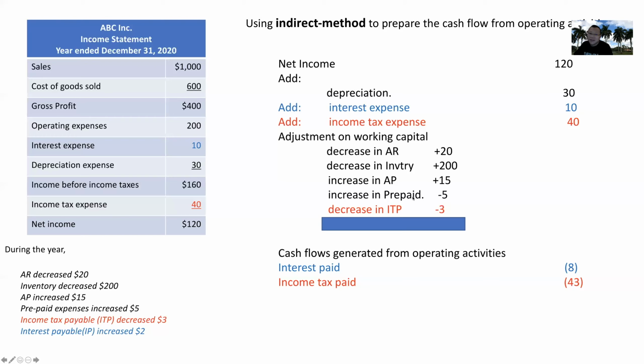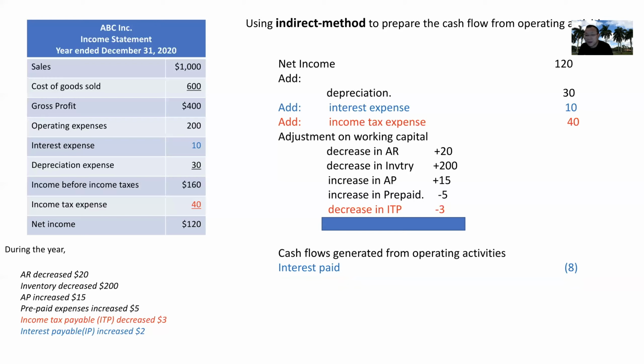Think about this. If you recognize income tax expenses of $40, and you didn't pay anything in cash, your income tax payable should increase by $40.